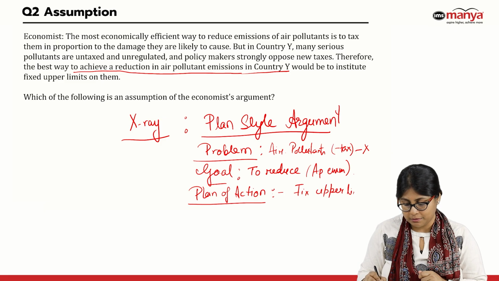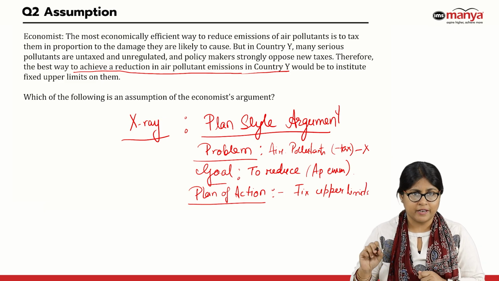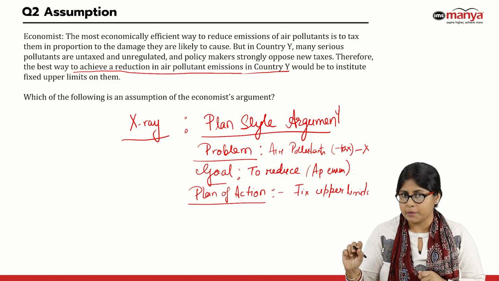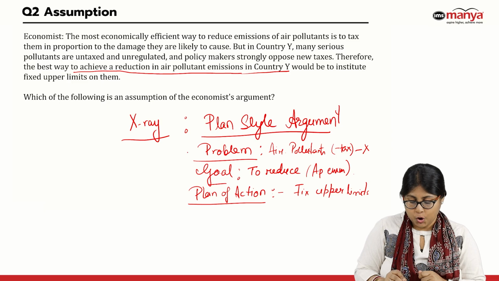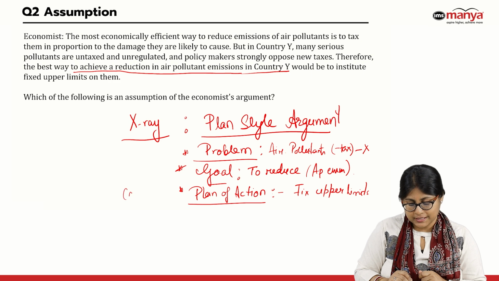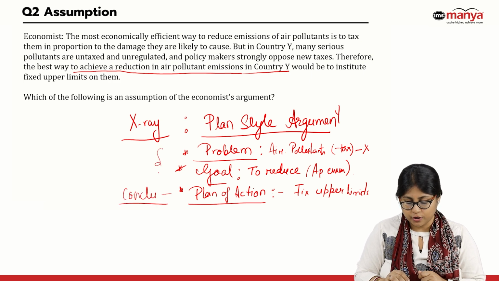There has to be some restricted amount set, a mandate that this is the upper limit, and beyond this, you cannot produce any extra emissions. Now we have the problem, the goal, and the plan of action. The plan of action is typically our conclusion, and here are your premises.